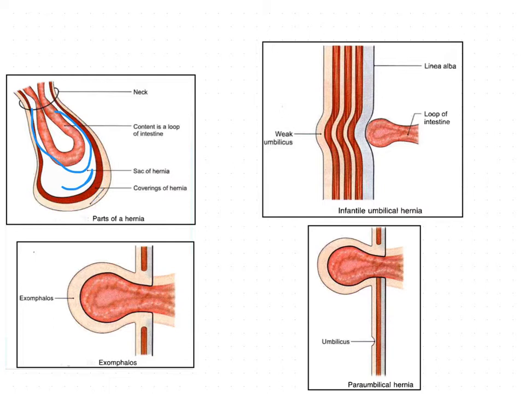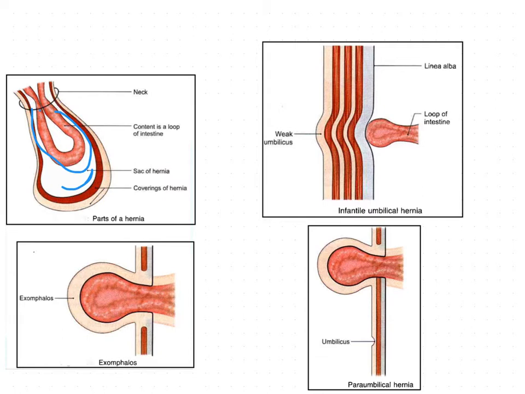Okay, here the contents are mostly long and mobile. If you can see the content, which one is long and almost mobile. Normally the contents are the small intestine or large intestine or any other viscera.